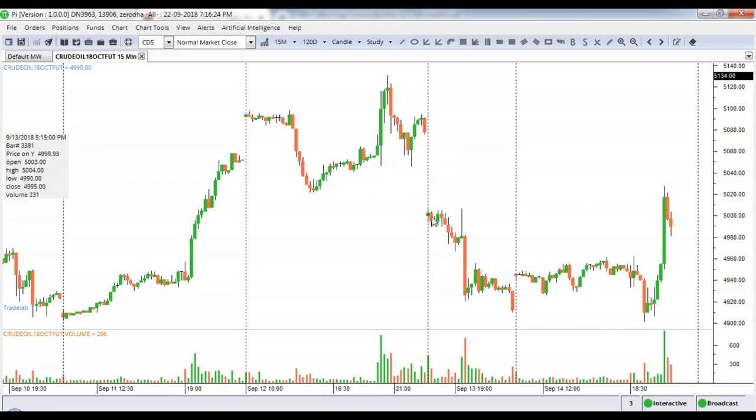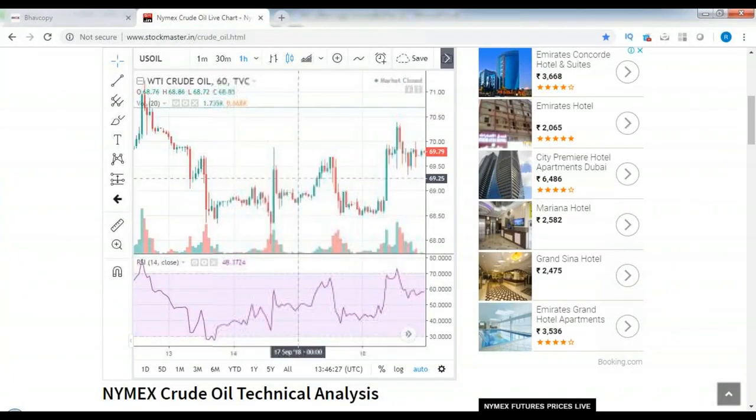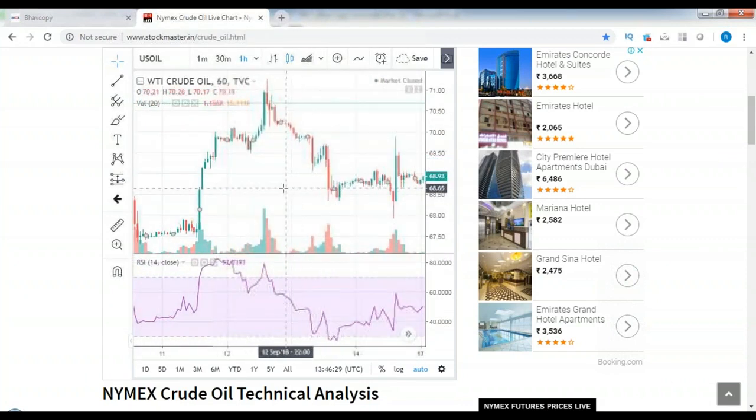So this was 12th and this is 13th, right? As per the international timings, by the time our markets were shutting down, it would have been around 2000 over here, correct? And by the time our markets opened the next day, do you see there was a fall between 12th and 13th?